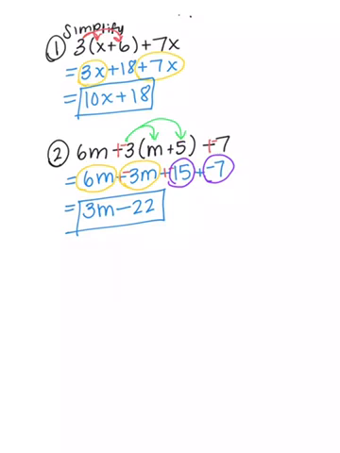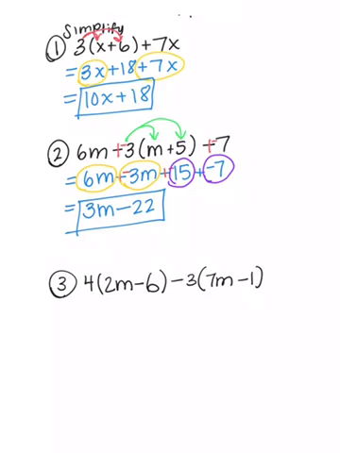Okay, so we're going to look at one more before you go to work on your own example. So if we simplify this one, it is a little different because you have multiple sets of parentheses.